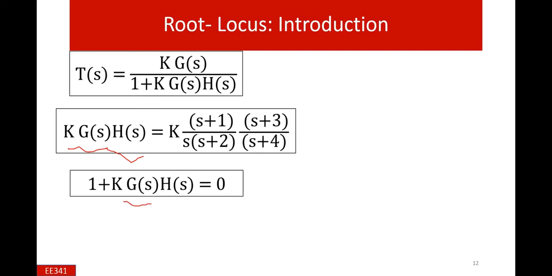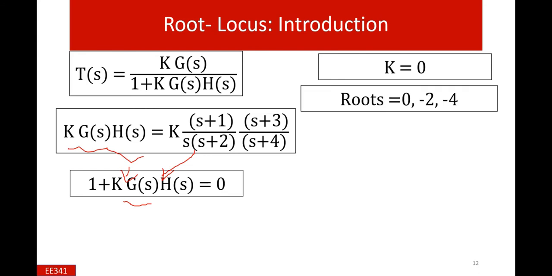If we put this equal to 0 and substitute these values, taking the LCM, we find the values of s existing at 0, -2 and -4. This is the starting point of the root locus.